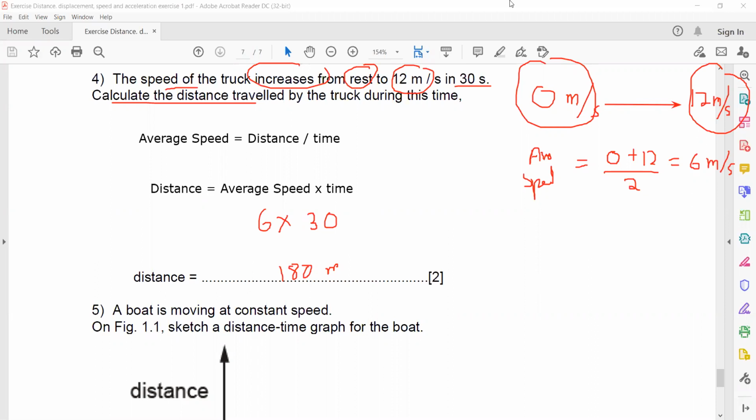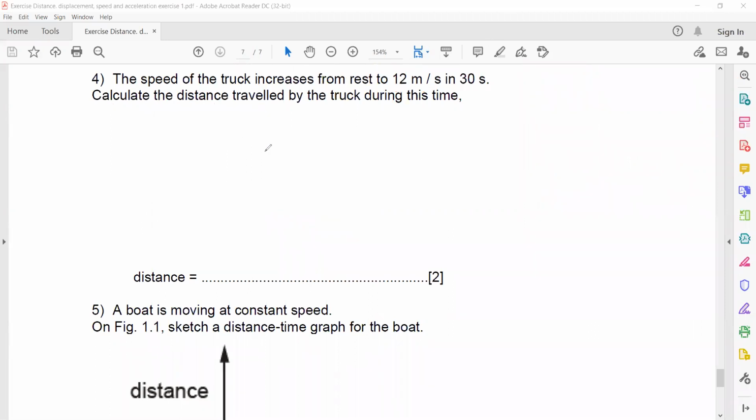Sometimes students make a common mistake. They write distance is speed multiplied by time, and they only see one of the speeds. They say 12 multiplied by 30, so it will be 360 meters. But that is not the right answer. Why is it not the right answer? Because in the question the speed is changing from 0 to 12.